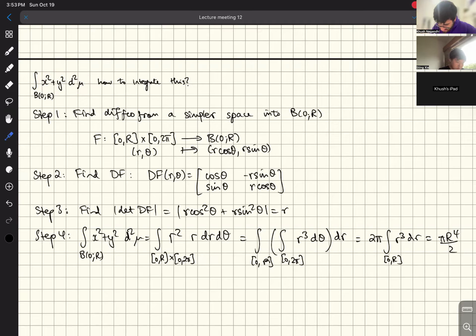What do I mean by this? If you saw, our diffeomorphism was into the space that we're integrating over. And so we pulled it back to this rectangle. Does that make sense? We pulled it back.